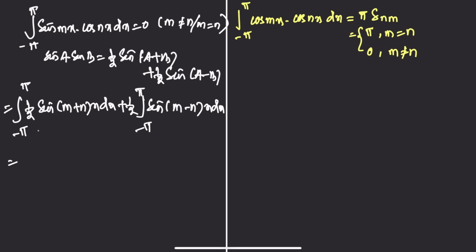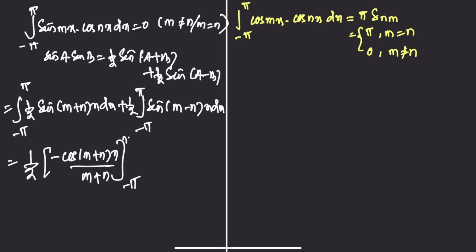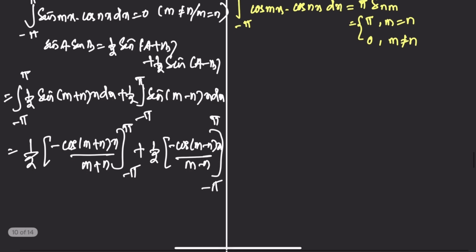Okay, the first term becomes minus of cos (m plus n)x by (m plus n), from minus pi to pi, plus the second term becomes half of minus of cos (m minus n)x by (m minus n), from minus pi to pi.